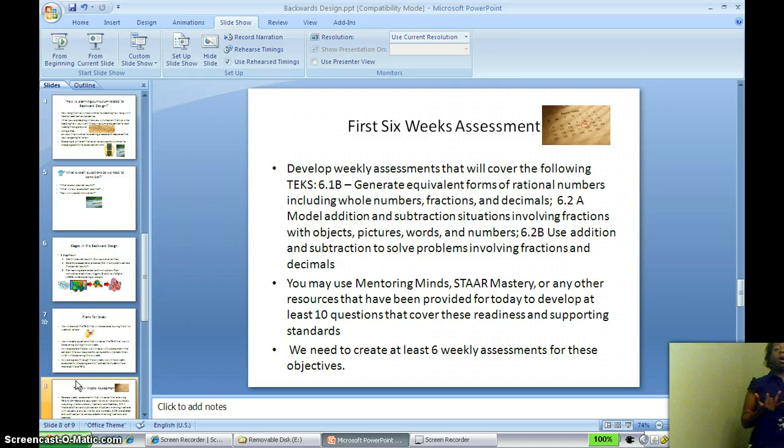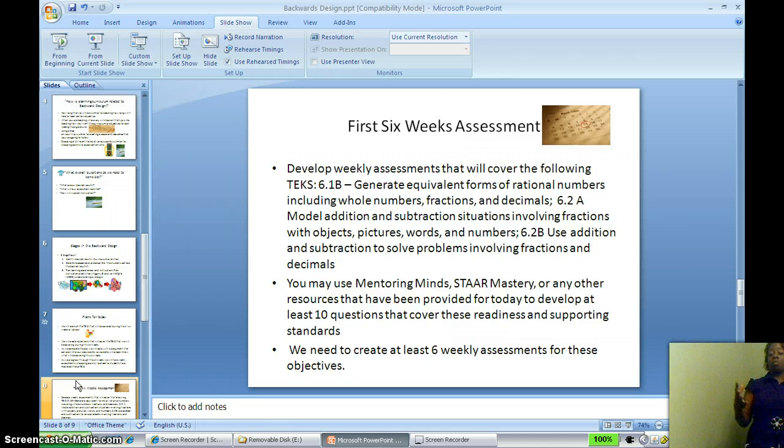It has some good possibilities of questions we might want to use, and make sure that they're worded at that high level that's matched up with our STAR objectives. We want to use STAR Mastery, which is another tool that has some good questions and stems that we might want to follow. And most certainly we want to look at our Kilgo stems.